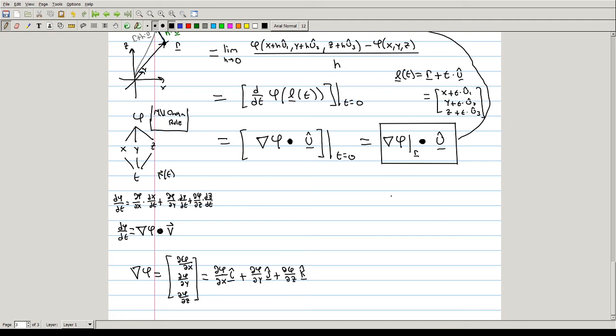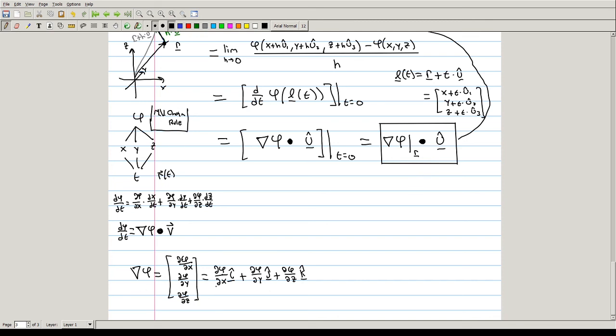This is an extremely useful formula. One of the first things that we can see about why it's so useful is that it gives us a very nice, very intuitive geometric relationship between the gradient vector and the direction that we're evaluating the directional derivative for.